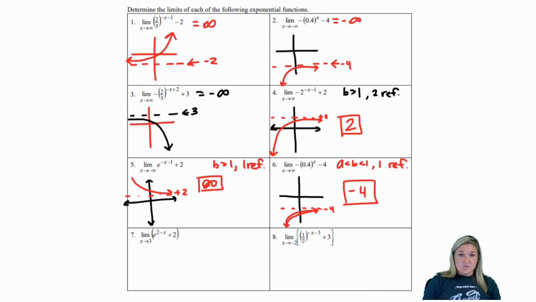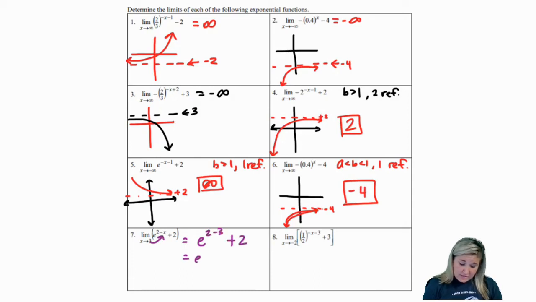So as x approaches 3, remember, I can just probably use substitution as long as there's not any asymptote or undefined value at this 3, which there's not. So I'm going to just go ahead and replace x with 3. So this is the same thing as e raised to the 2 minus 3 plus 2.